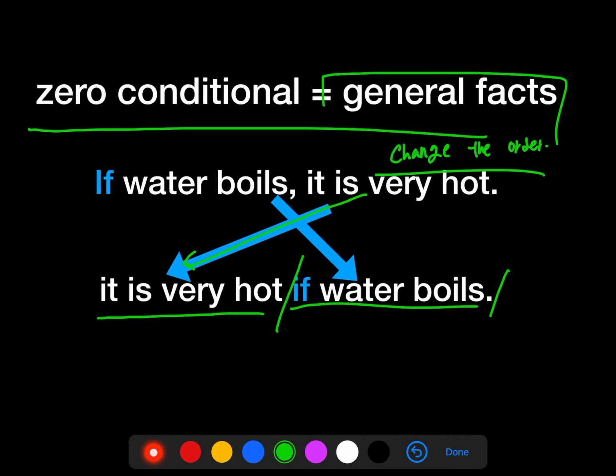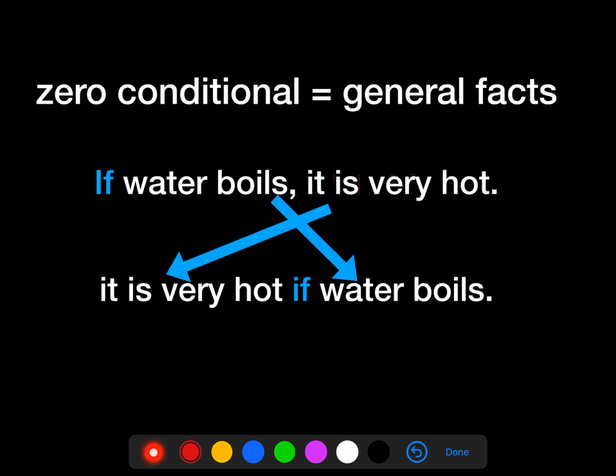We use zero conditional if when we want to talk about general facts, which are 100% true. How do we structure the sentence? If, the subject, infinitive, base verb, then subject and base verb. Okay? Very good.